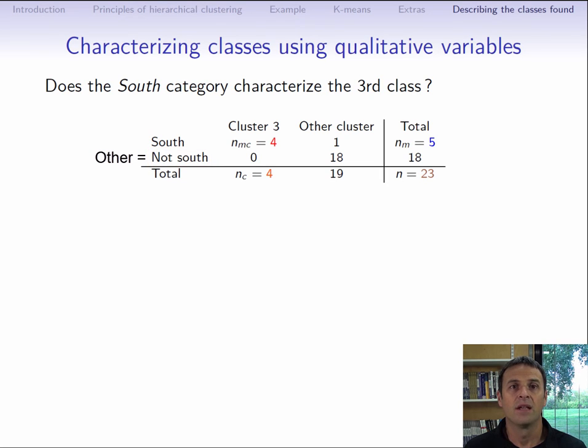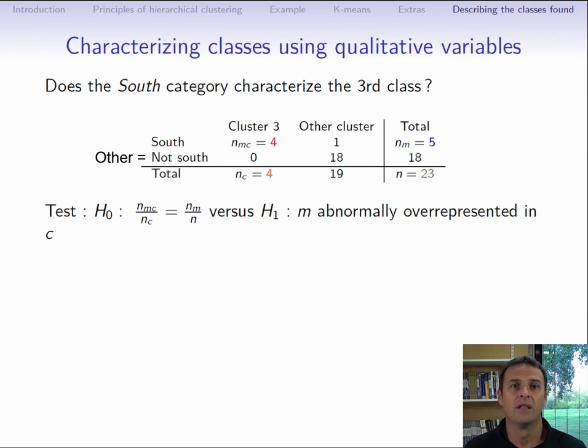Let's now construct a test to compare the proportion of South in the third class with its proportion in the whole population. The null hypothesis, H0, is that the two proportions are the same, and the alternative hypothesis is that South is overrepresented or underrepresented in the third class.